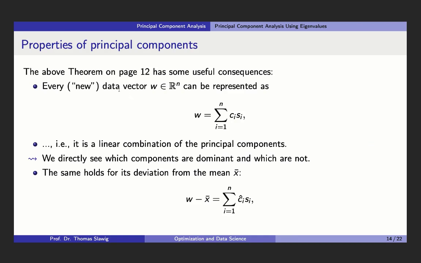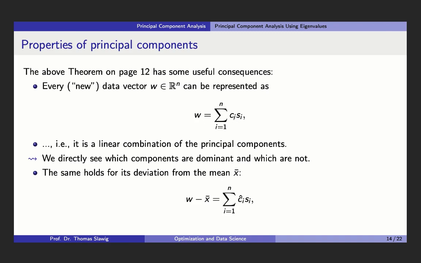Then I can say, okay, I get a new data vector, and then I'm just looking for the coefficients of the principal components that I'm interested in. I can say, okay, this new vector has a very big component for, let's say, my first principal component S1, and this I can use to group the data into different groups according to which component is most dominant in the data vector.